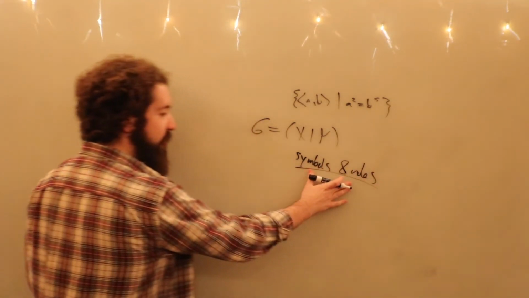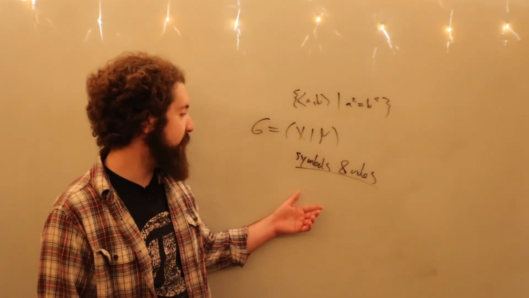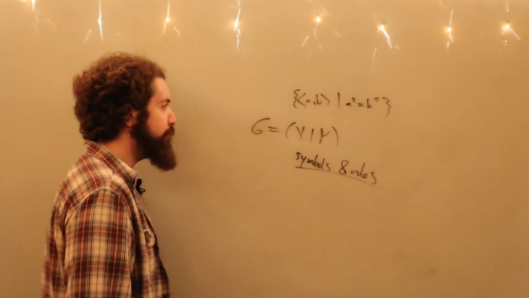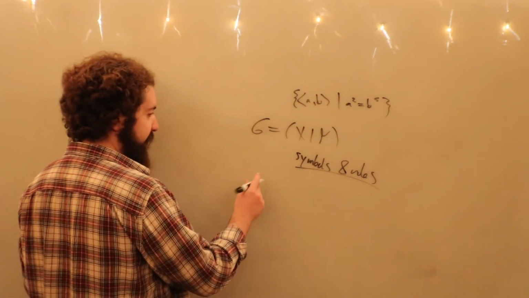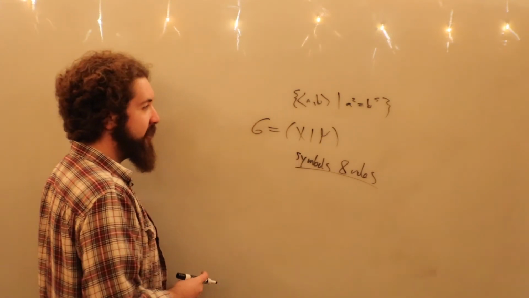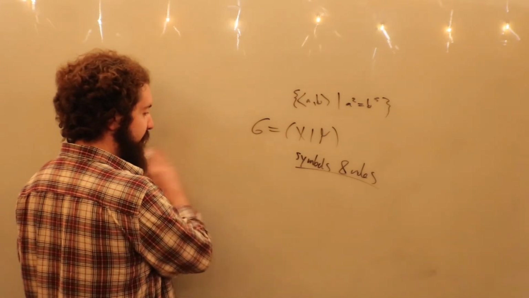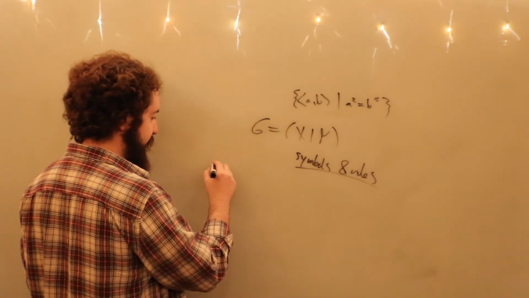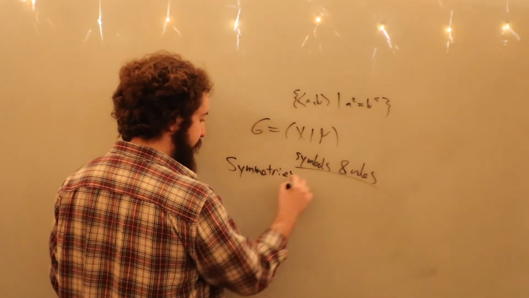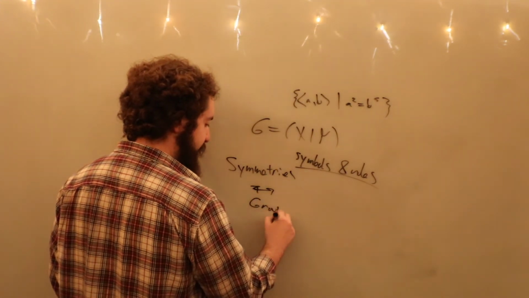This is the heart of algebra right here, just as symmetry is in some sense the heart of geometry. Symbols and rules are really what algebra is made of. And so now we can see, because every group has a presentation, because every group is a homomorphic image of a free group, we see some really profound dualities here, right? We showed a second ago that symmetries and groups were a two-way street.